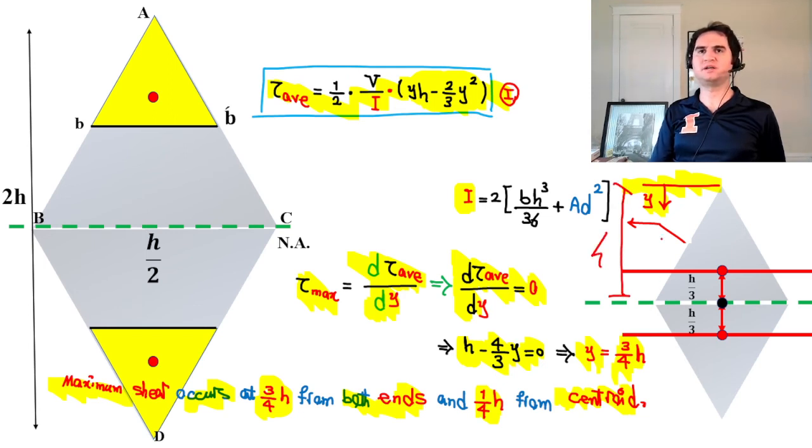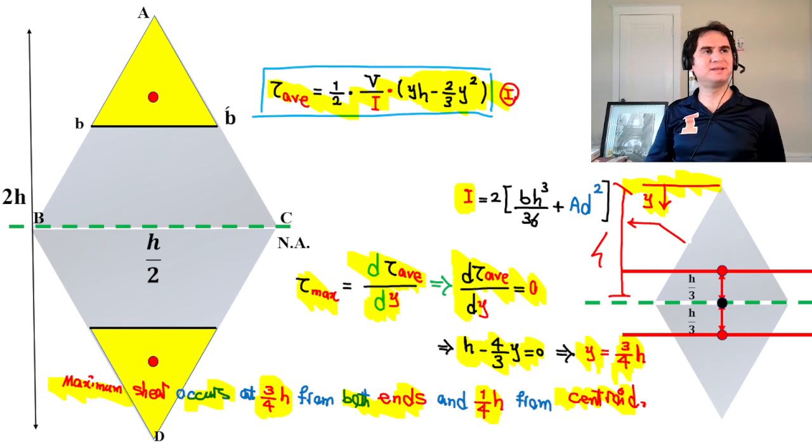So y is 3/4 of h from the top, and 1/4 from the centroid, for tau maximum. That's the location of tau maximum.